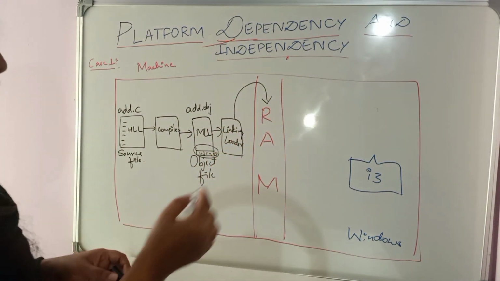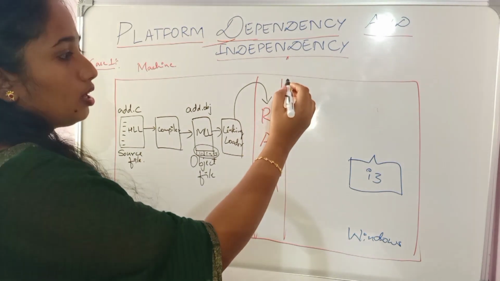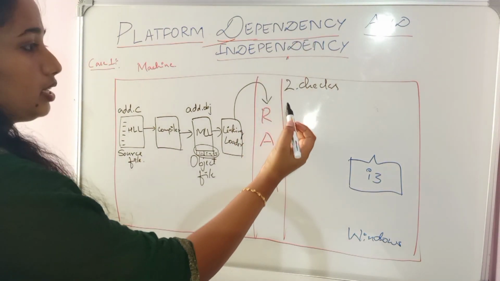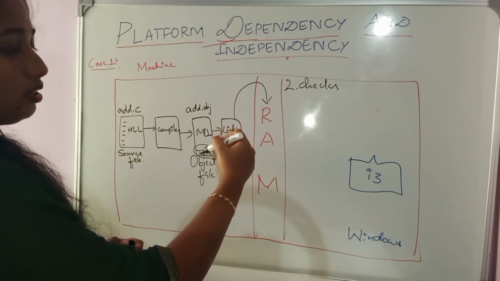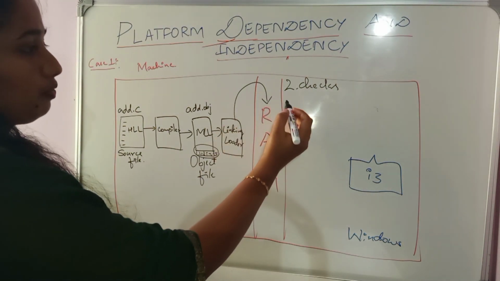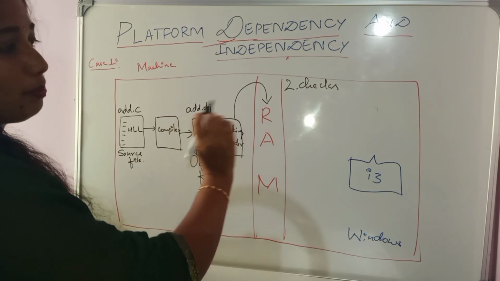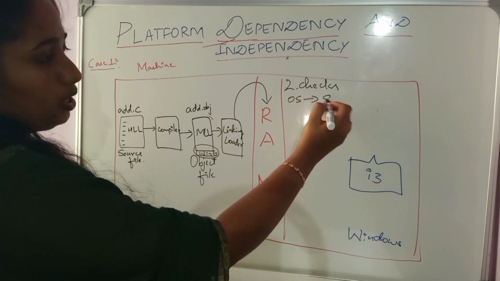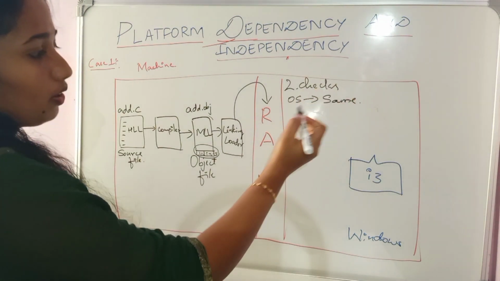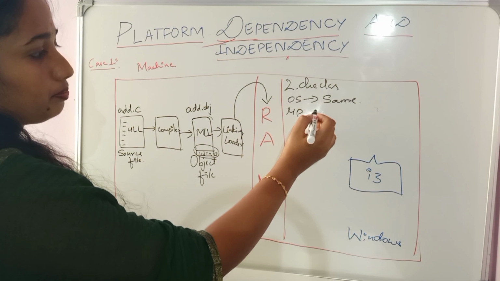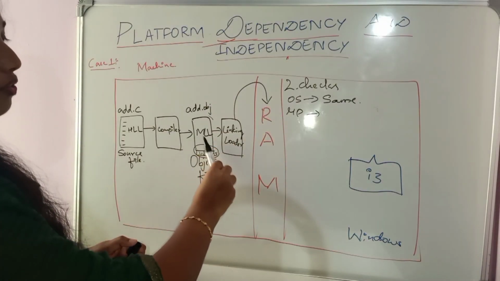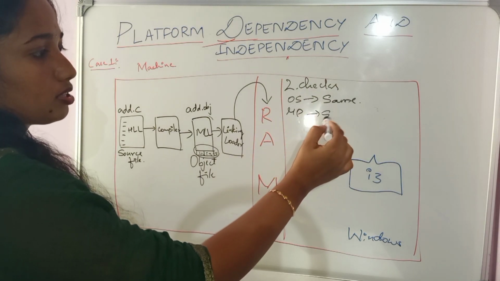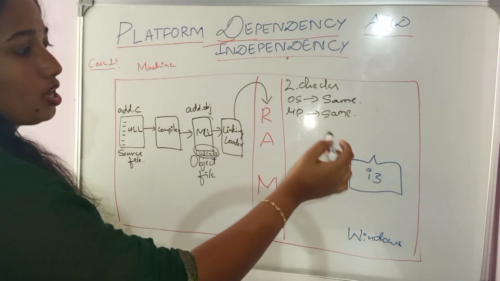Then in RAM, two checks will be performed. The operating system, the software component, at the time of compilation and at the time of execution should be the same. Also the microprocessor at the time of compilation and at the time of execution should be the same.